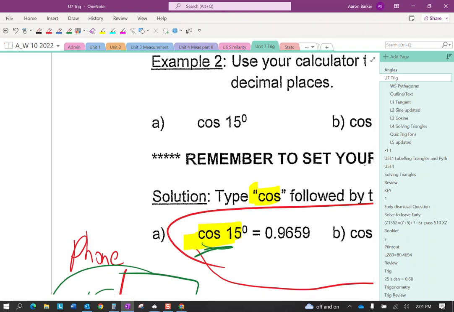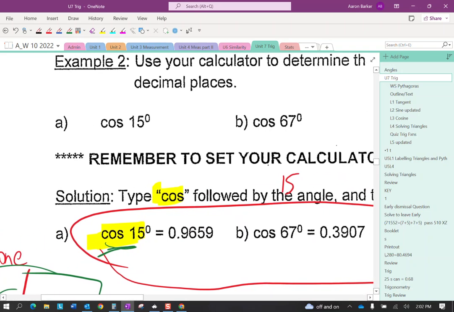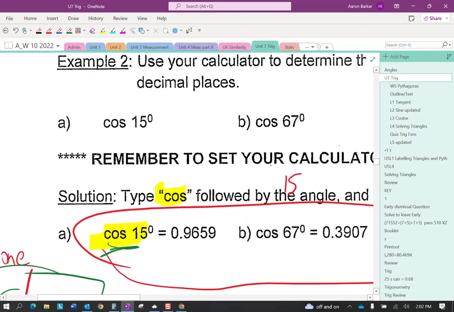Try this on your calculator. Any issues? Okay, so try the next one, cos 67. Try cos 67 on your calculator. Any issues?